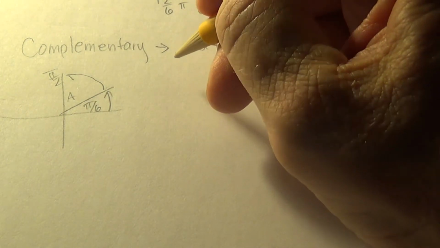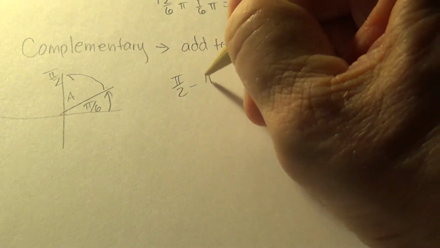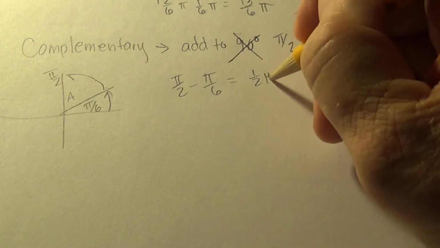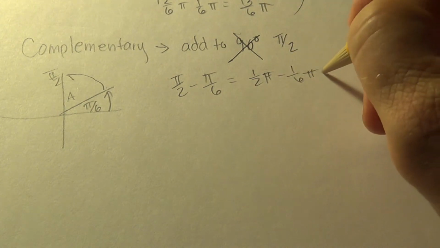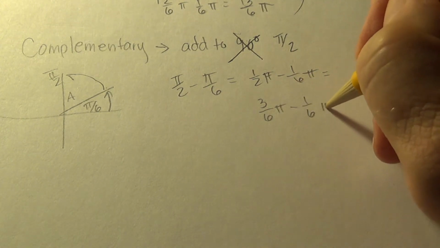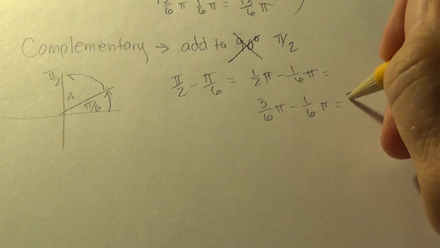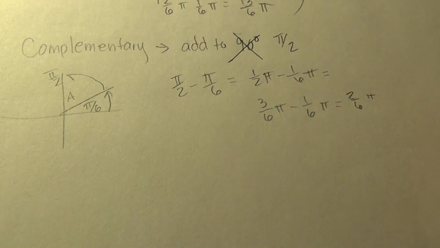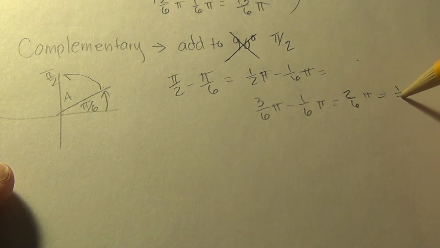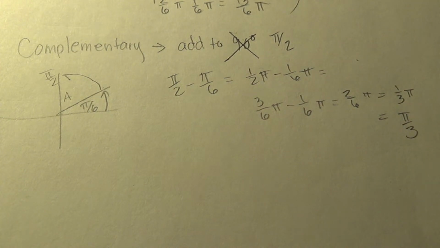So I take pi over 2 and subtract pi over 6 to find out. Fractions, fractions, fractions. 1/2 pi minus 1/6 pi. And that would be 3/6 pi minus 1/6 pi equals 2/6 pi, or pi over 3 in reduced form. 1/3 pi can be written as pi over 3, and it's understood to be radians.